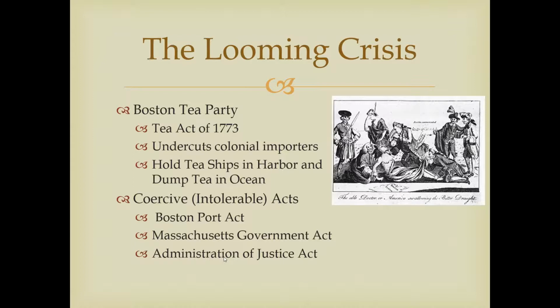Getting them away from biased juries. And then you have the Quartering Act, which basically says that the British Crown can quarter soldiers in anyone's house as they see fit. And so this basically is where it's no turning back.